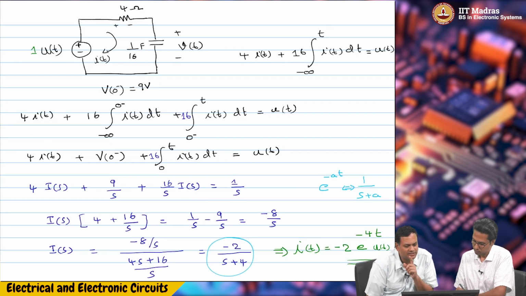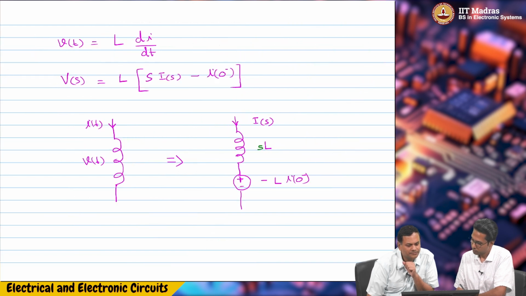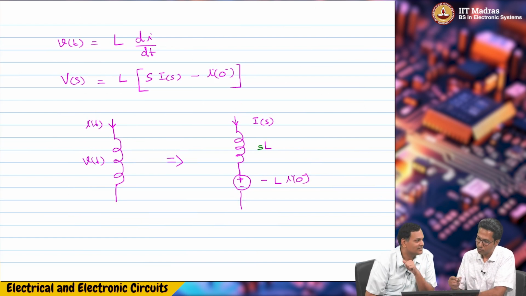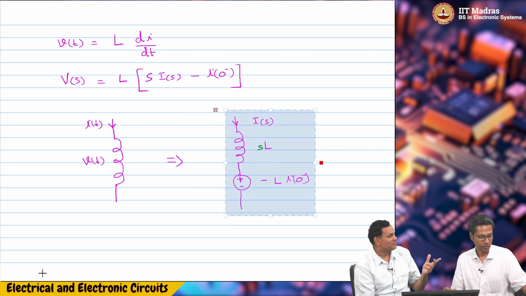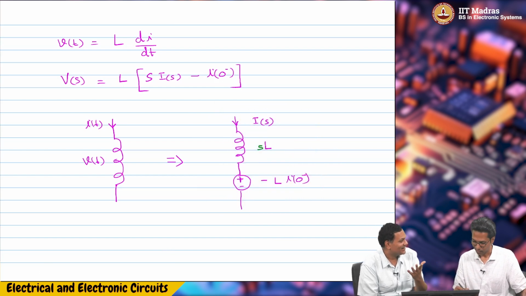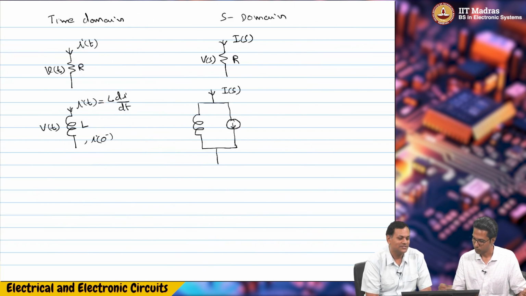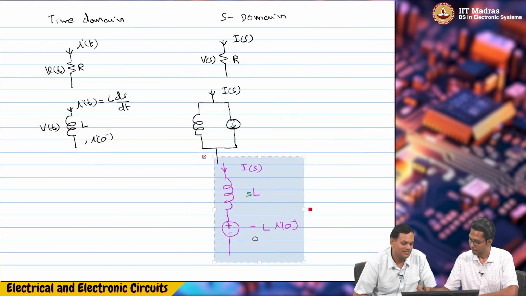I think for the inductor, it might have been upwards. We didn't draw the parallel equivalent, but we'll just copy this. Depending on whether you use a minus I or a plus I, the direction can change. I thought we had done it for the inductor also, but we will.